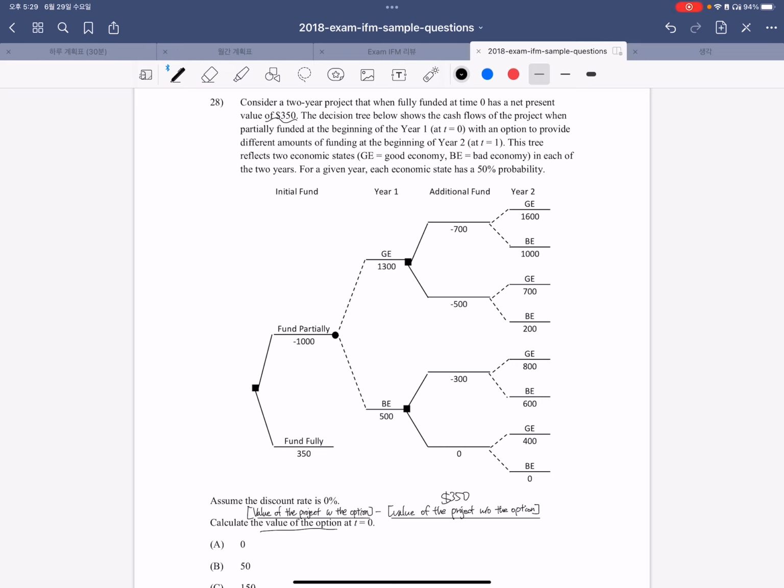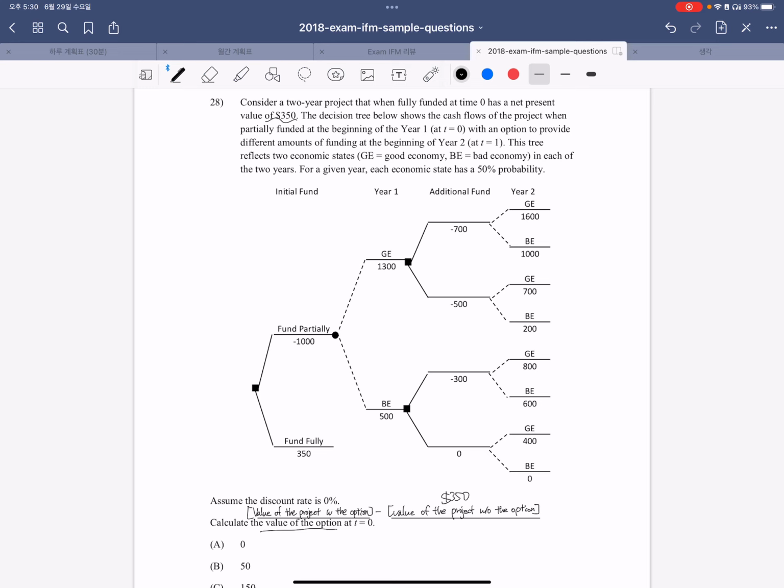All right, to calculate the value of the project with the option, we need to work through these decision trees. And when we calculate the decision trees, we start from the end. Okay.